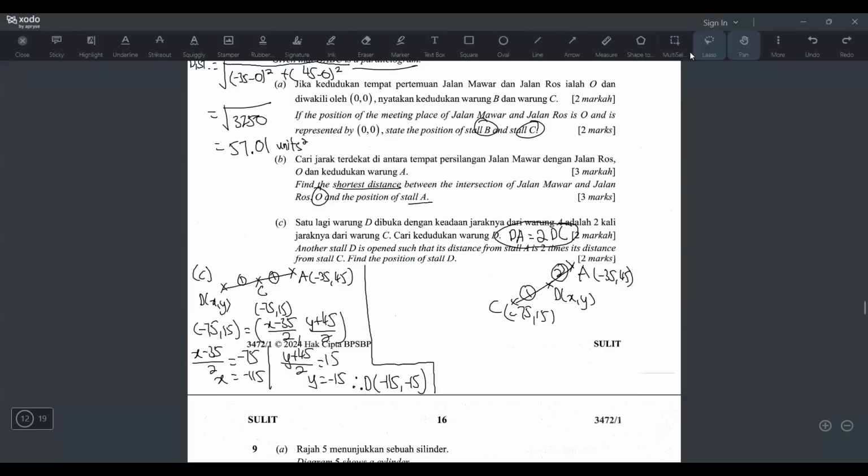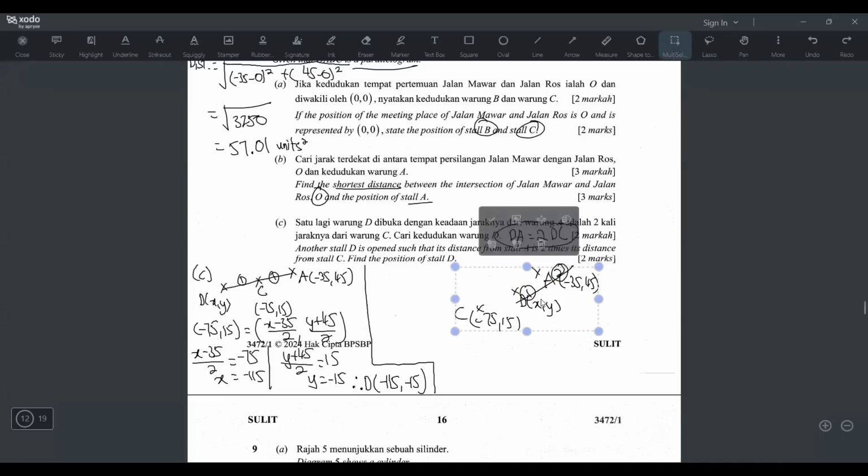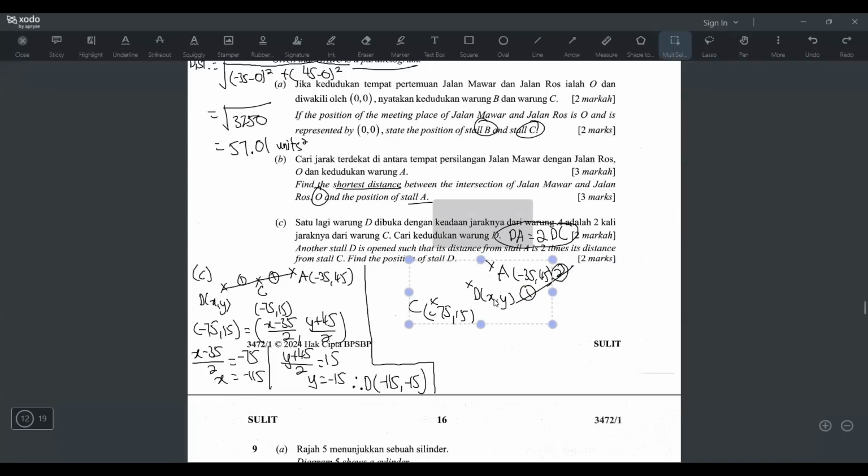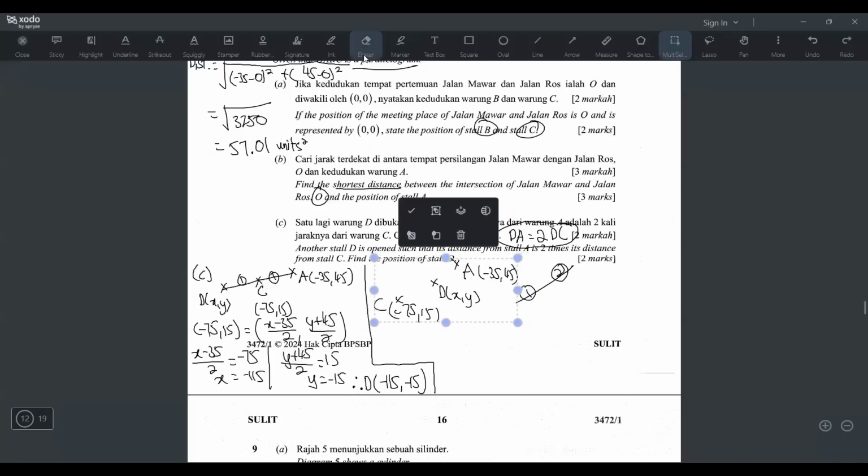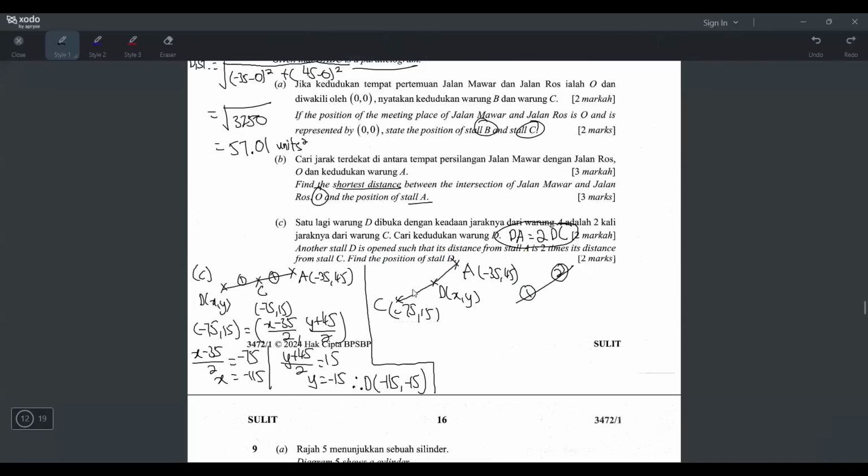Okay, I will just draw one more time. So it's like this, right? The line, and this one is 1, this one is 2. Okay, this one I erase.